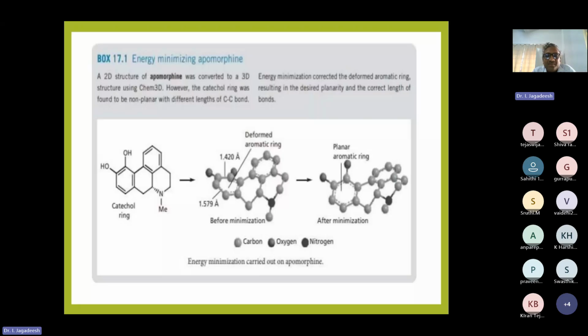So what you have observed in that particular before minimization is the catechol containing two benzene rings in the apomorphine. So on the extreme left, the one benzene ring is containing two hydroxyl groups. The software has shown that before minimization, the benzene ring is distorted.